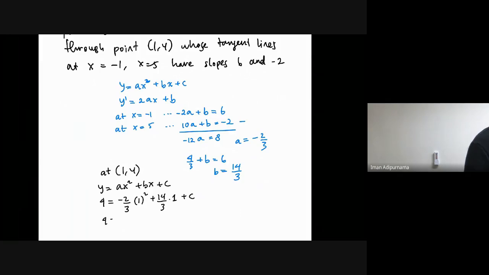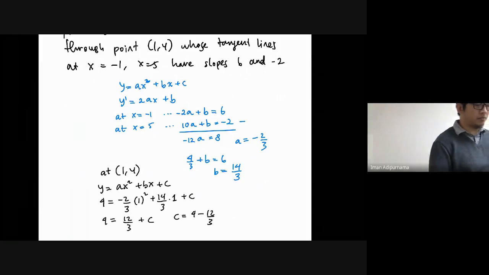Okay, so we have 4 equals 12/3 plus c. So c will be 4 minus 12/3. So this is basically 0, right?